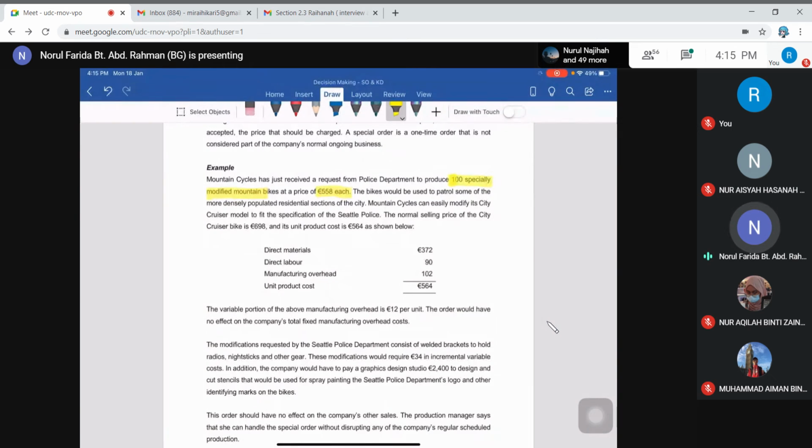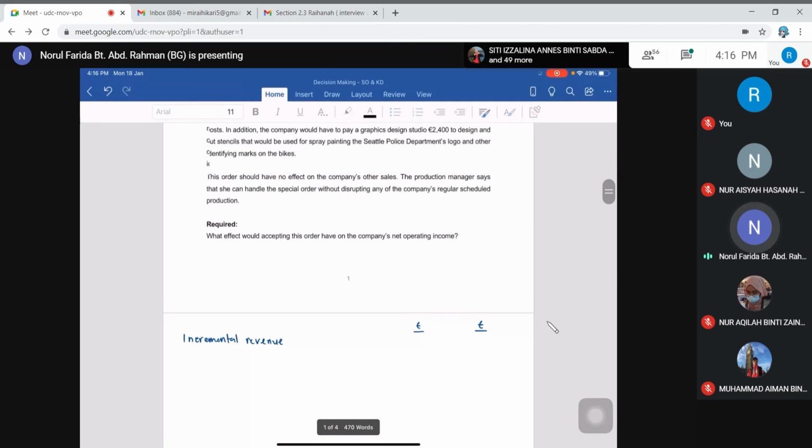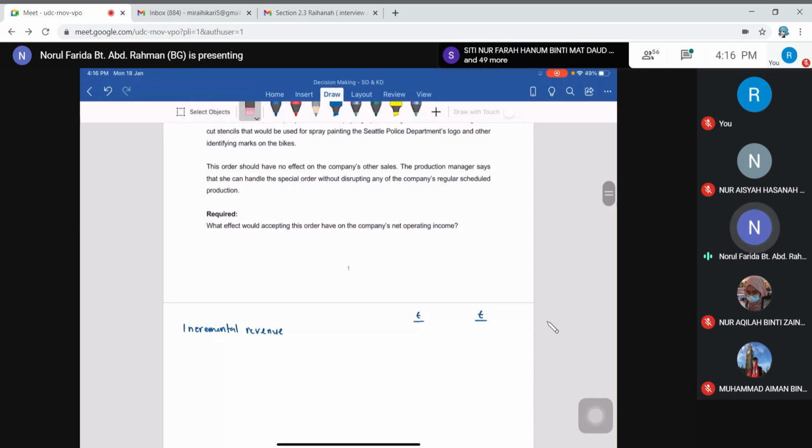The 698 is the normal price. Usually a special order has a special price. So we don't use this price. We use the price the customer is willing to pay, that is 558, for 100 units.